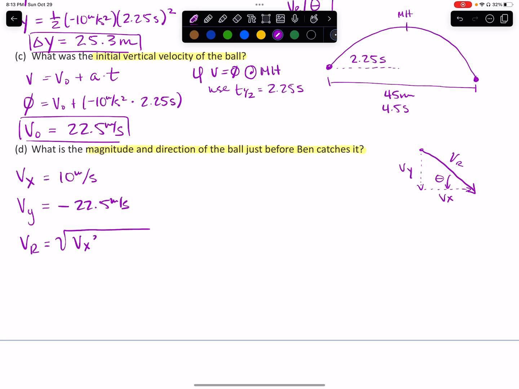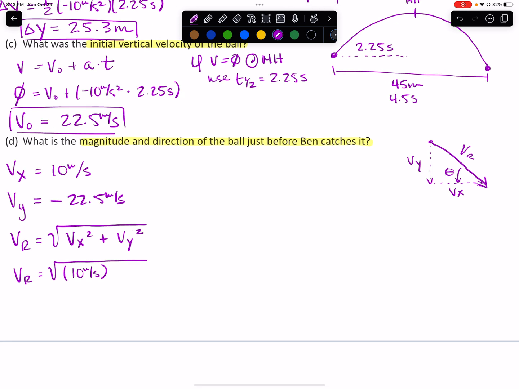It's going to be the square root of the horizontal velocity squared plus the vertical velocity squared. So we have a horizontal velocity of 10 meters per second, squared, plus a vertical velocity of negative 22.5 meters per second, squared. Plug that into our calculator, and we get a resultant velocity with a magnitude of 24.6 meters per second.